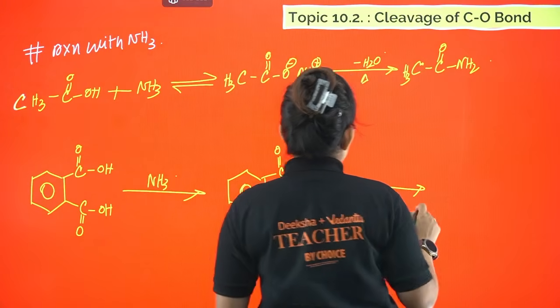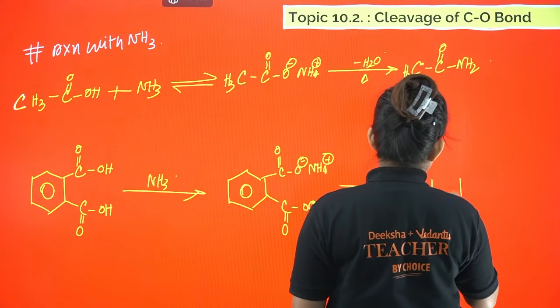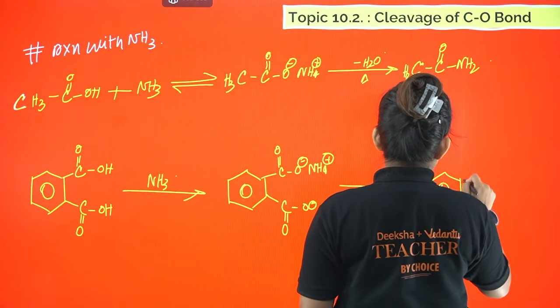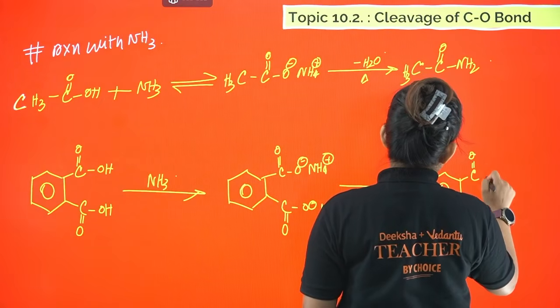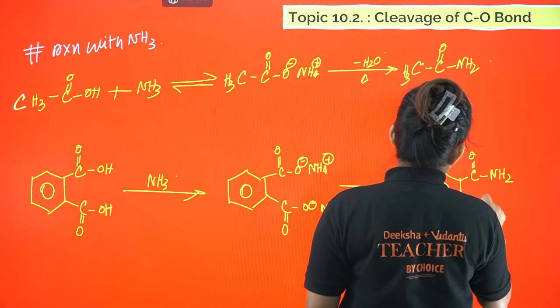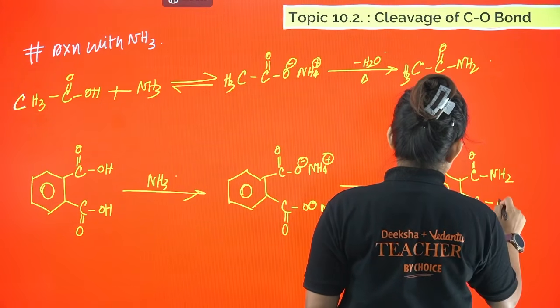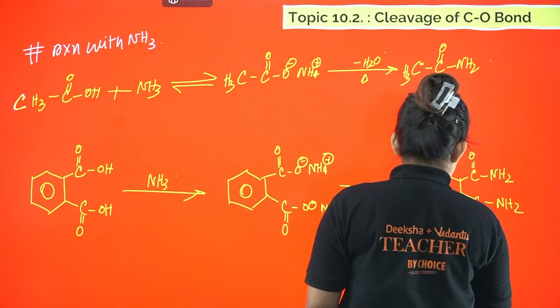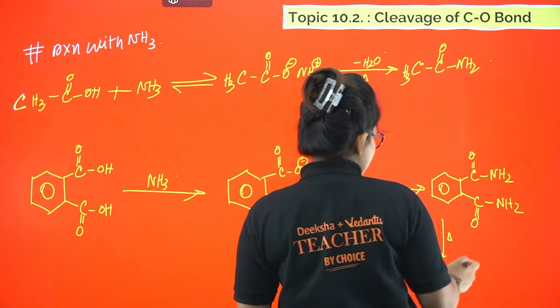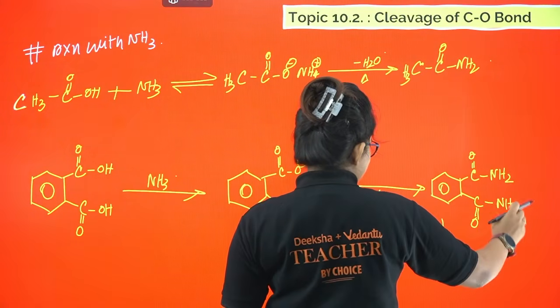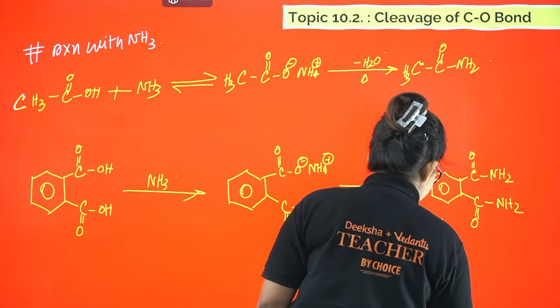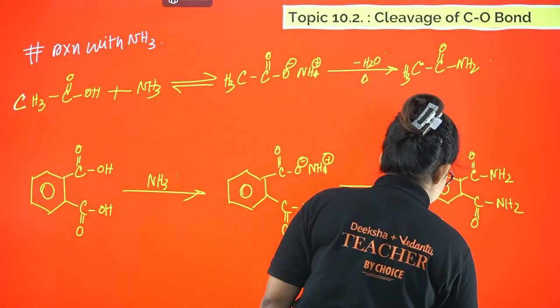Now if you heat this, it will be converted to amide, right? CONH2 here, here CONH2. Now if you further keep heating this system, it will release one unit of ammonia and form the phthalimide.